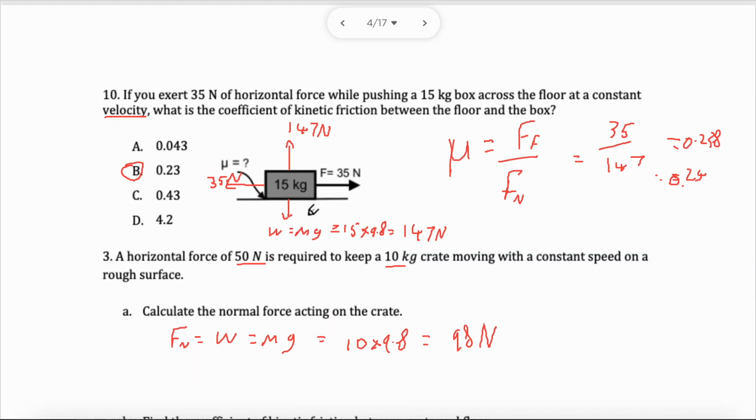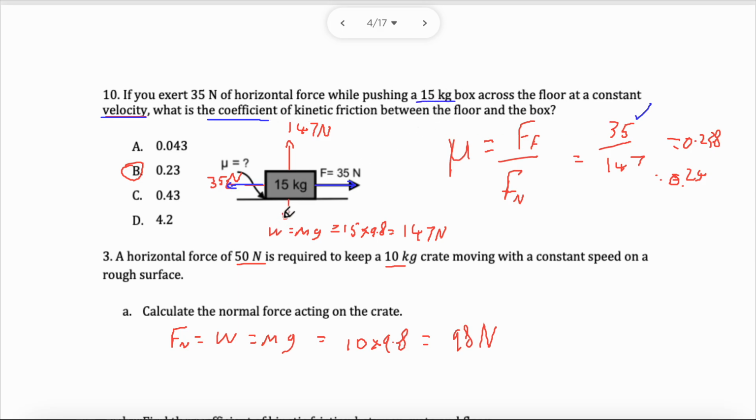Okay, next, we're moving on to this case over here. We're trying to find the coefficient of friction. That is F again. I will divide friction by the normal force. In this case, we're applying a 35 newton force at a constant velocity. A constant velocity means the forces are balanced. My applied force happens to be the same as my friction force, so the force of friction will be 35. I don't have my normal yet. I was just given a mass.